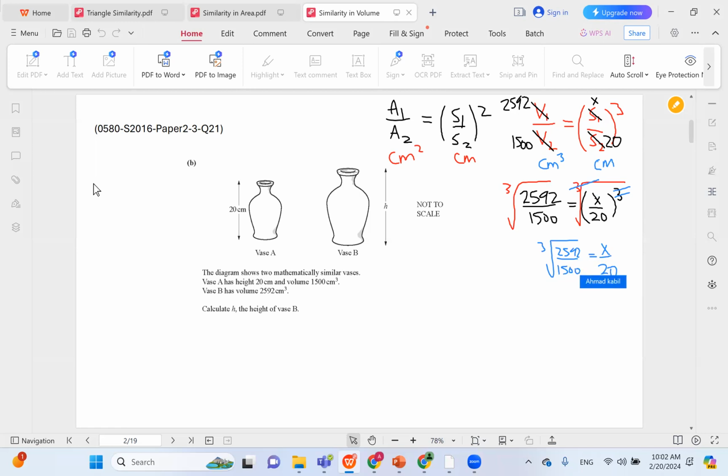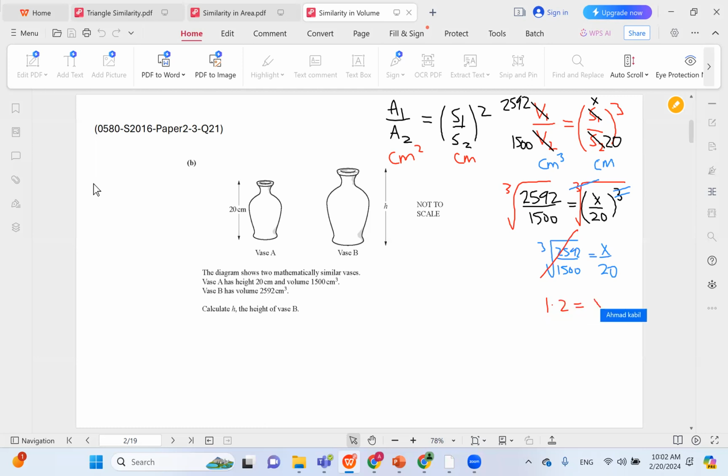And we can use the calculator to evaluate this. Again, you just write cubic root on the calculator and then press the fraction button. In the numerator, you write 2592. In the denominator, you write 1500. And you get 1.2 for this expression.